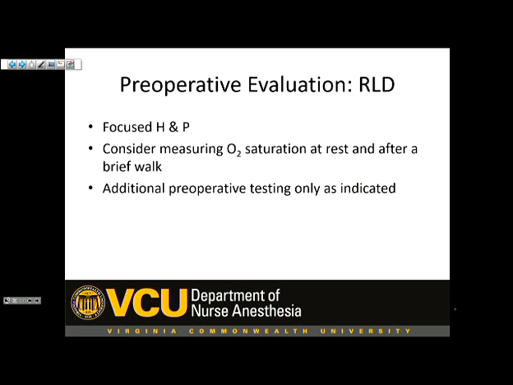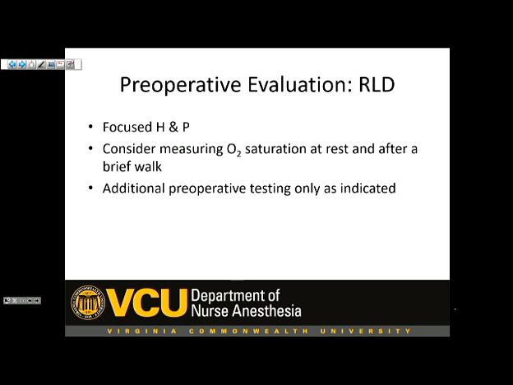This is often a person who has a pulmonologist at baseline. Their primary care physician or their pulmonologist is involved in their care. Not always, but if there's a pulmonologist involved in their care, that's very, very important. We would want these folks, if given the option, to see their pulmonologist prior to coming to the operating room to rule out any acute issues that would further put them at risk.